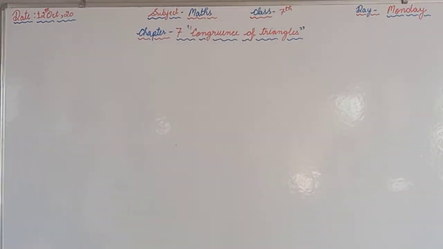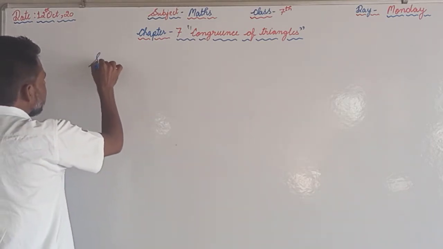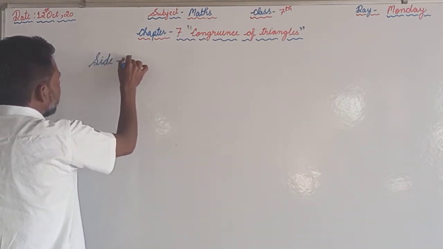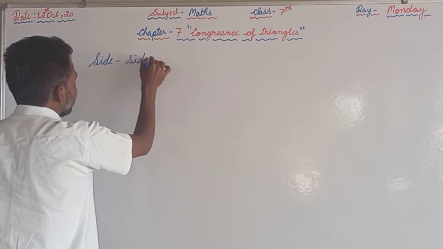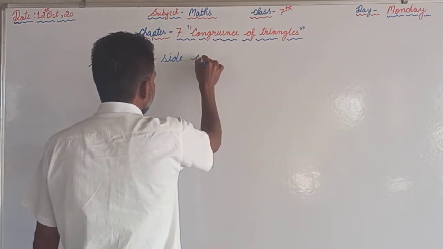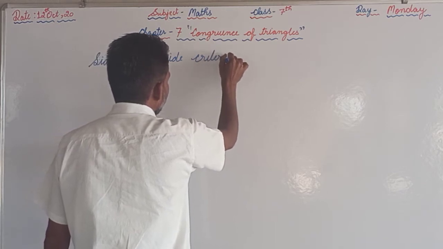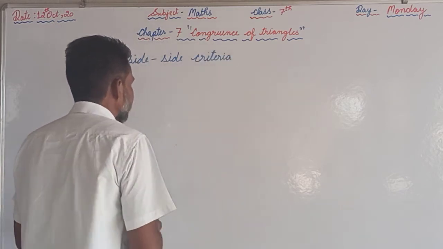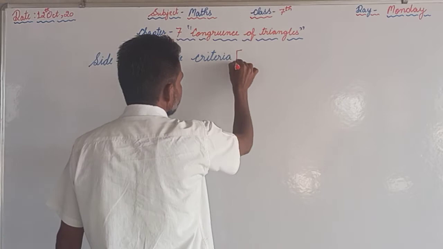So the first criterion for congruence is side, side, side criteria.